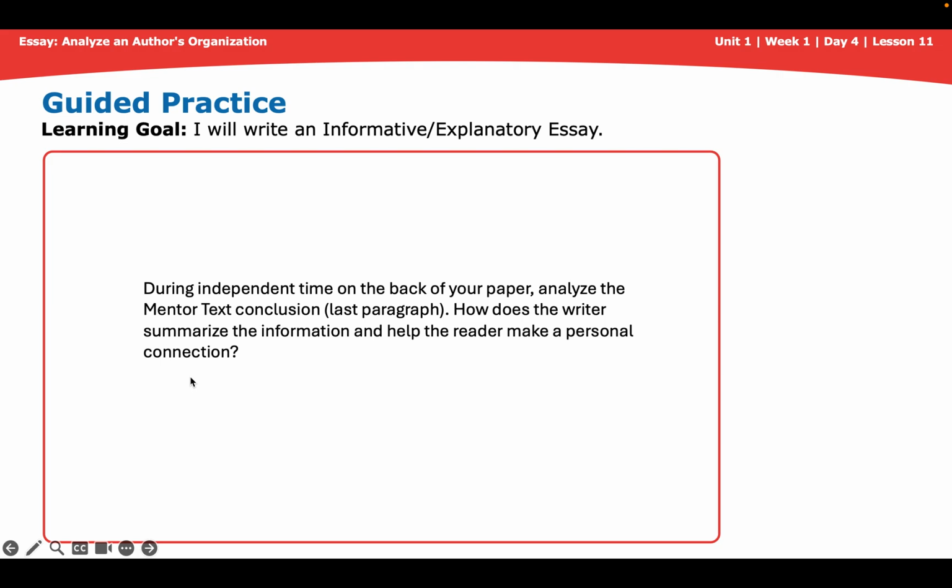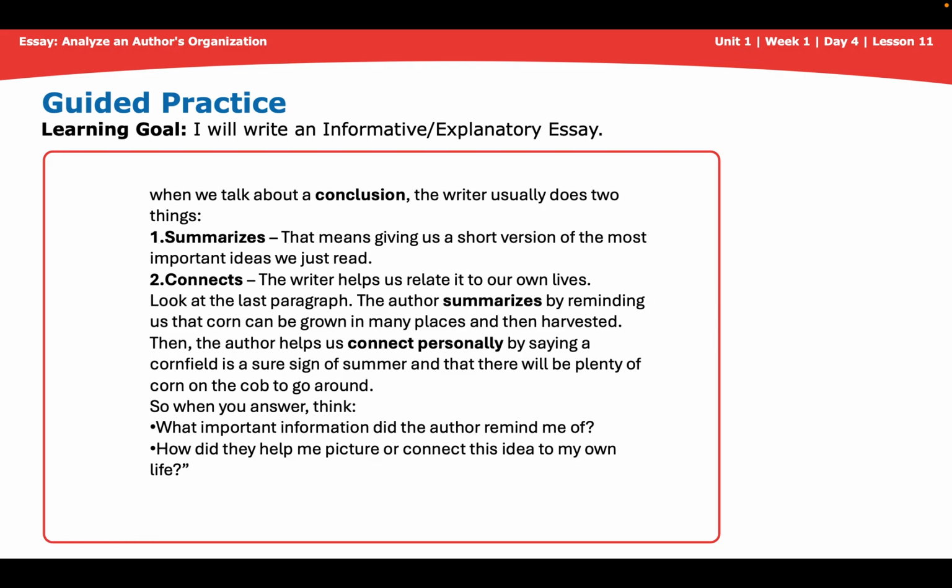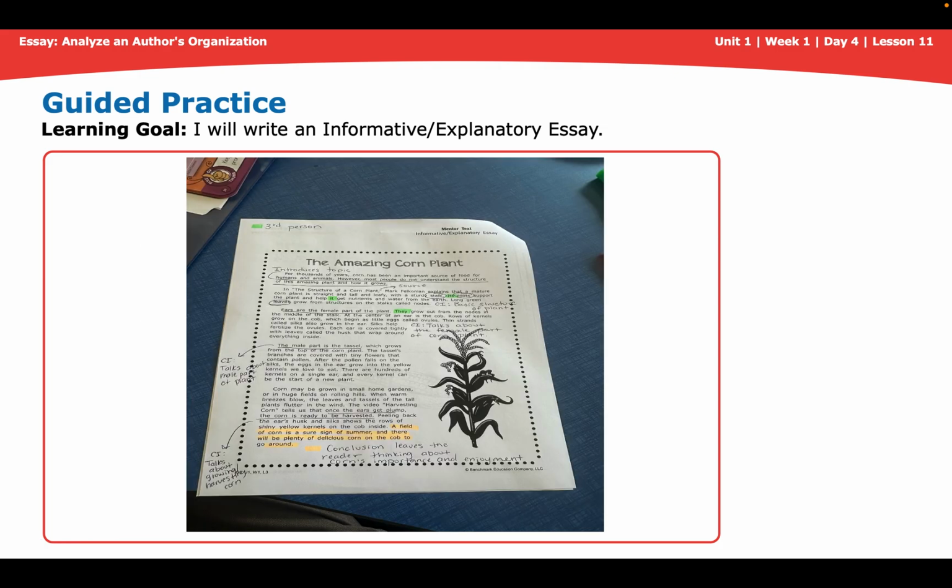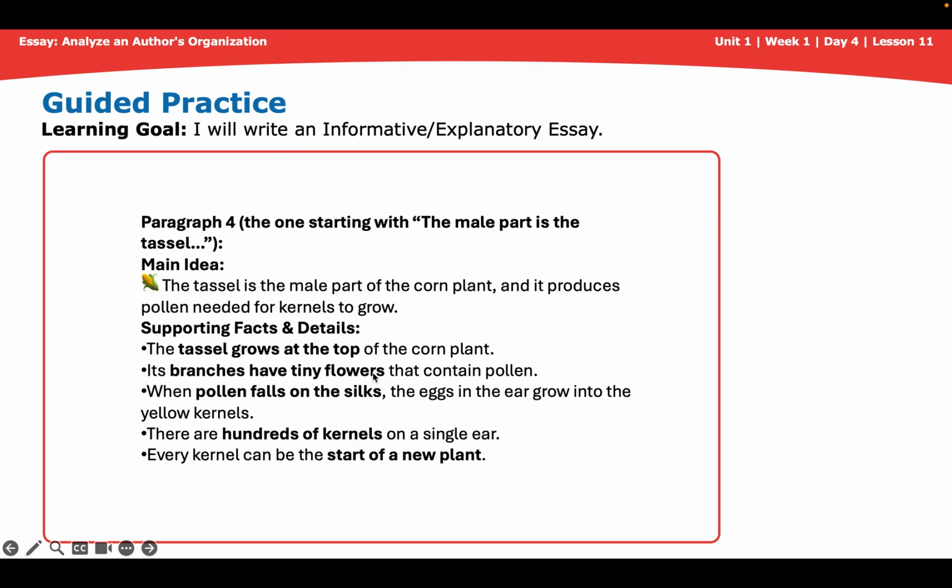You should have some prior knowledge on summarizing. But when we talk about a conclusion, that's when the author is summarizing, okay? Which means that they're giving us a short version of the most important ideas we just read. So that's like the main or central idea of each of these, and they're combining it into one conclusion.